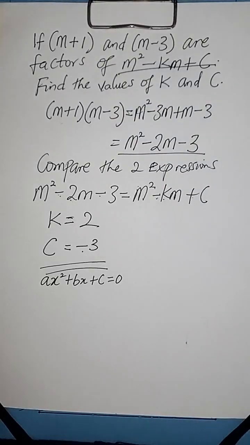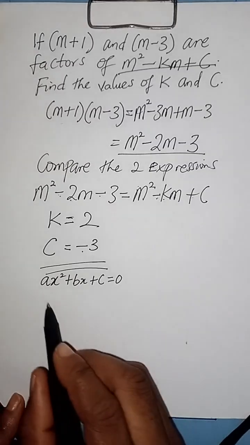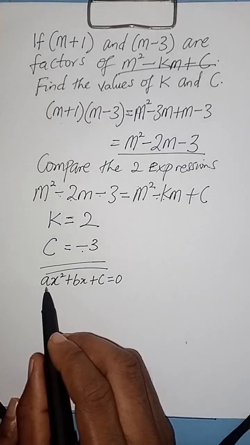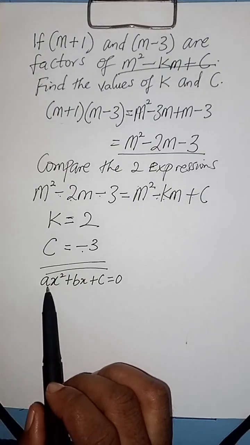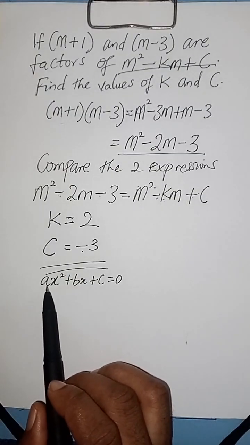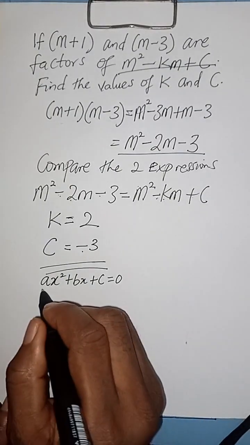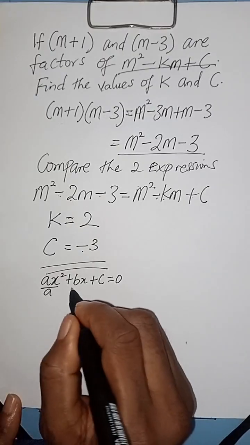Now, I can apply the completing the square method to this quadratic equation and get the quadratic formula. Here, the coefficient of x squared is a. Like I said before, you can apply the completing the square method only when your coefficient of x squared is 1. So how do you make it 1? You divide through by a.